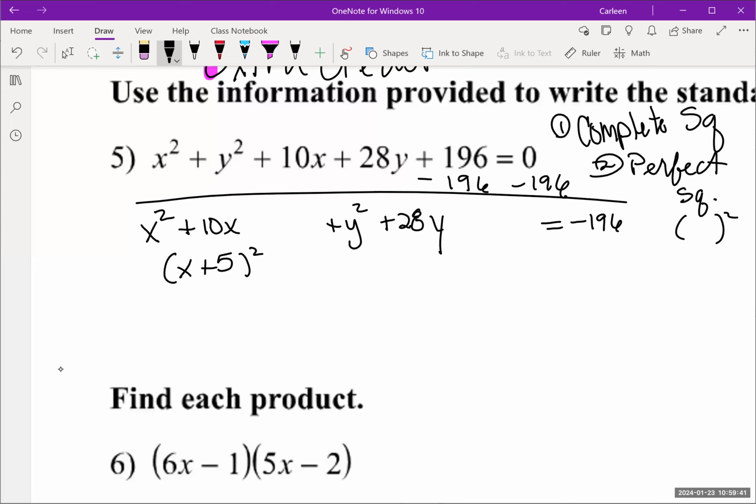But if I were to make a FOIL box, what would appear right there? 25, 5 squared. If 25 appears on that side, to keep it balanced, we need to add it to the other side. All right, y plus, okay, Zoomers, what number goes there?